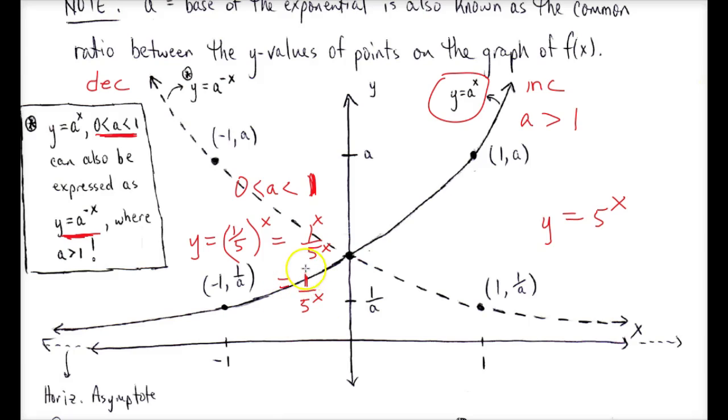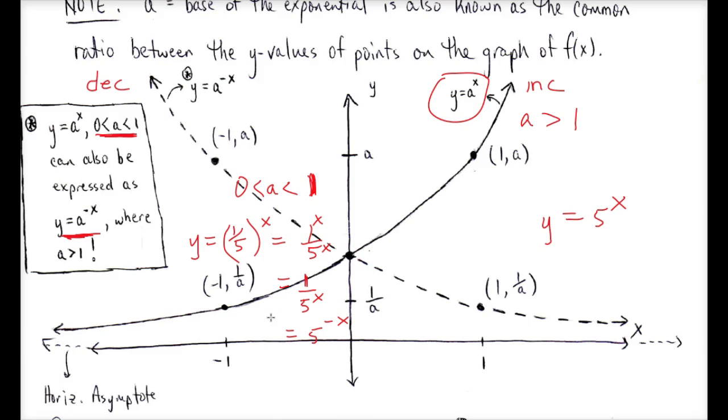And then, of course, 1 over anything could be expressed as that anything raised to the negative exponent. So hence we have 5 raised to the negative x. So this is where we get this saying that if our base is in between 0 and 1, then that's the same as having that particular base being greater than 1, but raised to a negative exponent.